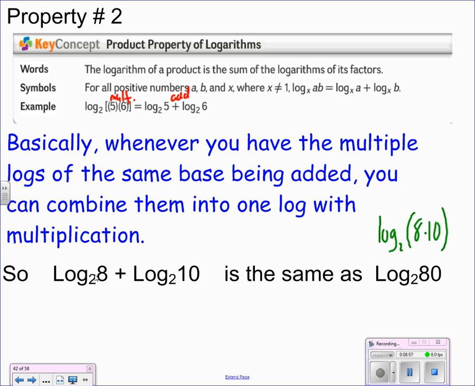So if I have log base 2 of 8 plus log base 2 of 10, it's the same thing as saying log base 2 of 8 times 10, which is then 80. So you can read it forwards or you can read it backwards and apply the property. Just make sure you use the correct signs. So multiplication becomes addition, and in reverse, addition becomes multiplication.